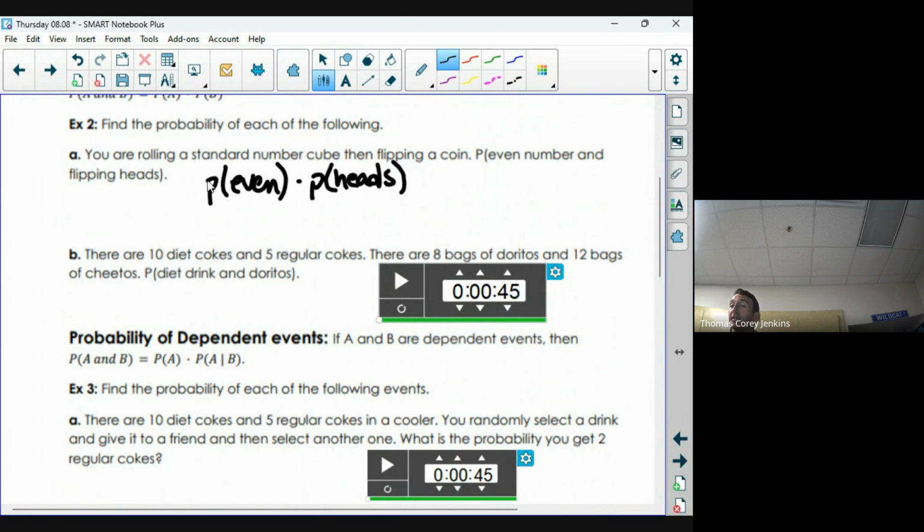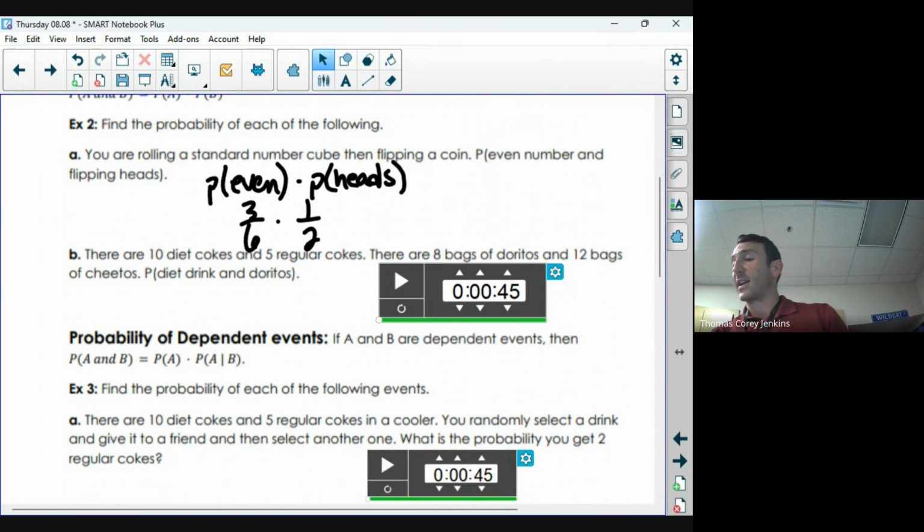The dice roll doesn't affect the coin flip. So the probability of even on a number cube would be 3 out of 6, or you can write 1 out of 2. Probability of heads is 1 out of 2. When I multiply this out, this one's pretty easy. I would just reduce to 1/2 times 1/2 and get 1/4.